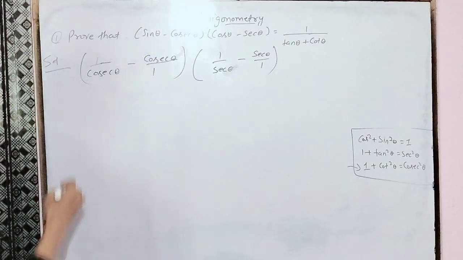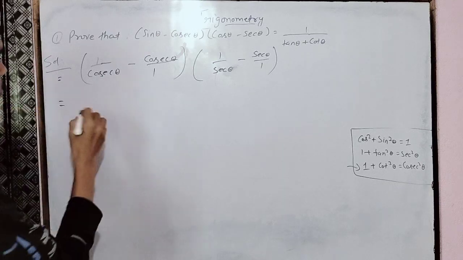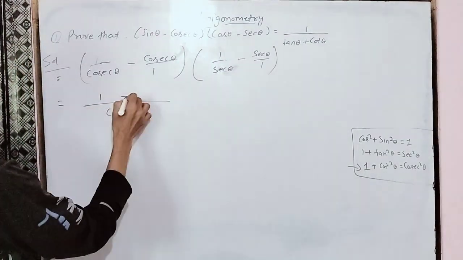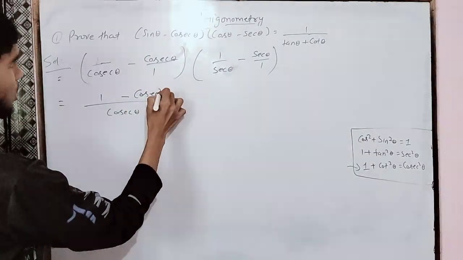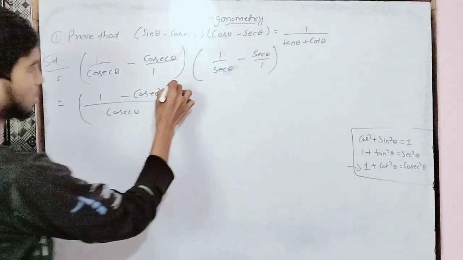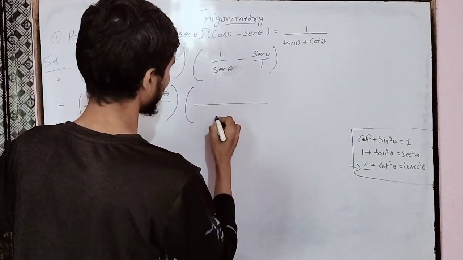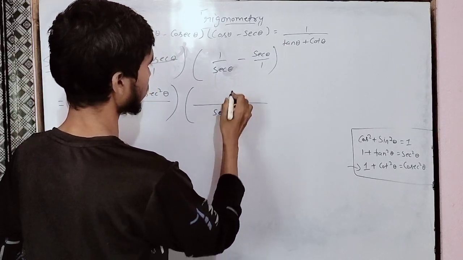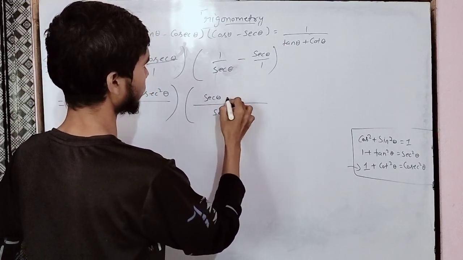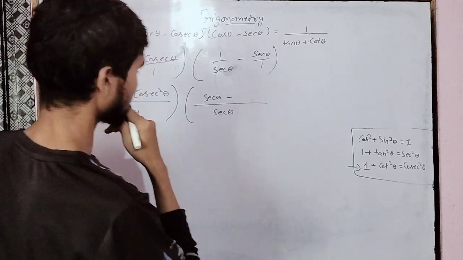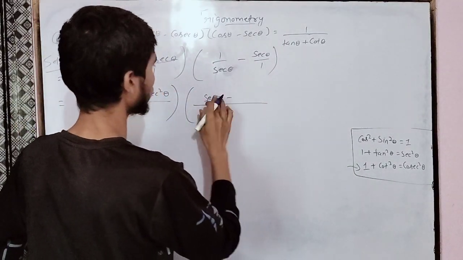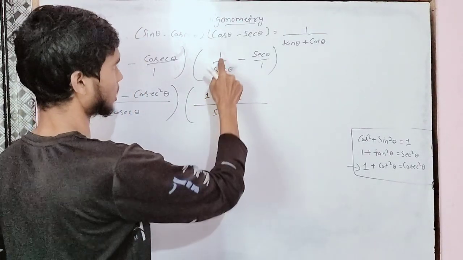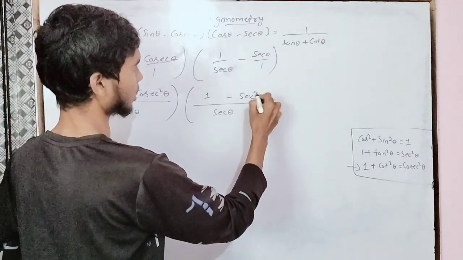Same here, we have a fraction. So this is cosec theta, 1 minus cosec square theta. Clear? Again here, 1 is sec theta, sec theta minus, I think it should be sec square theta.